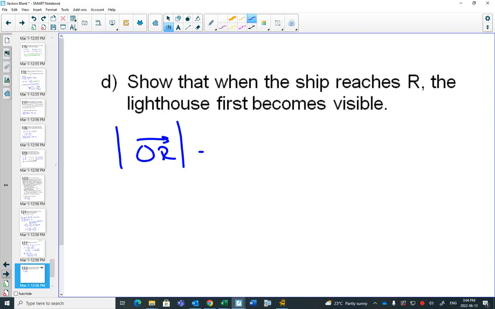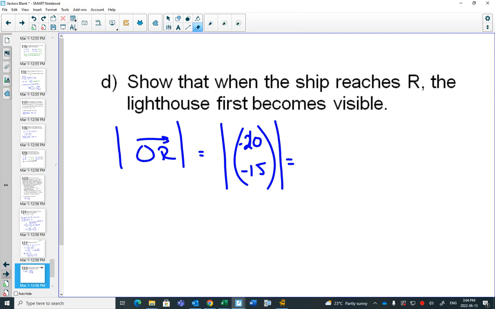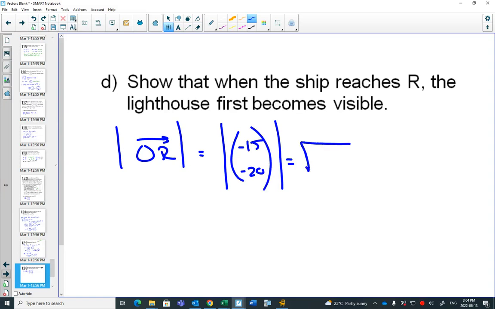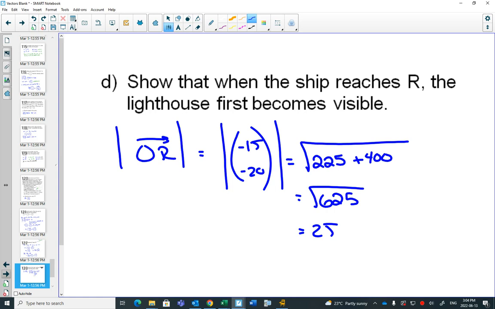So if we find the length of negative 15, negative 20, which will be the square root of 225 plus 400, which is 25.